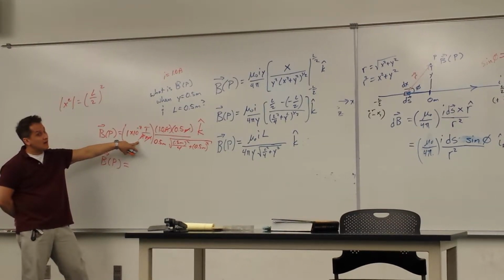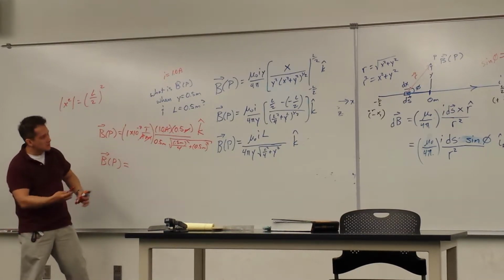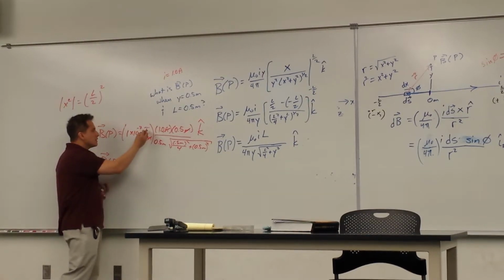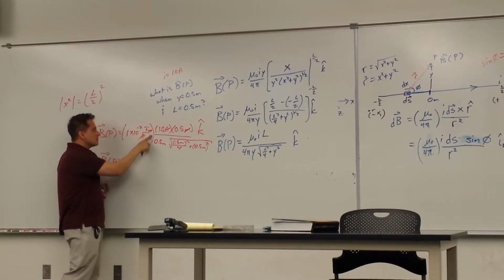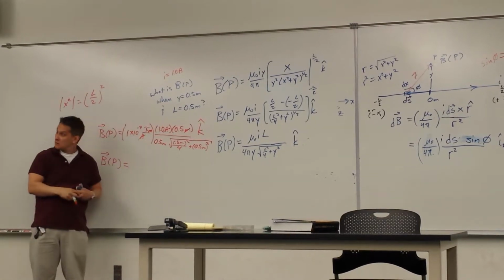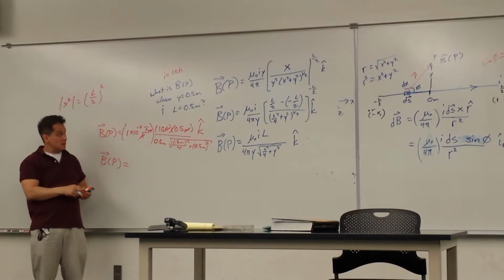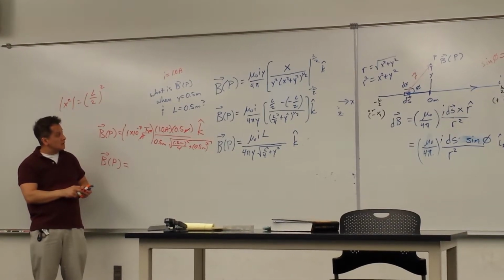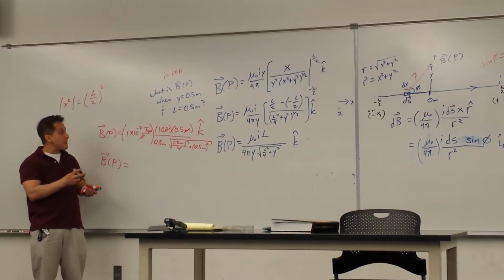Well, let's just write it out here and know exactly. If it's Tesla meters, is that what it is? Now they cancel out. Well, you still have a meter in that.